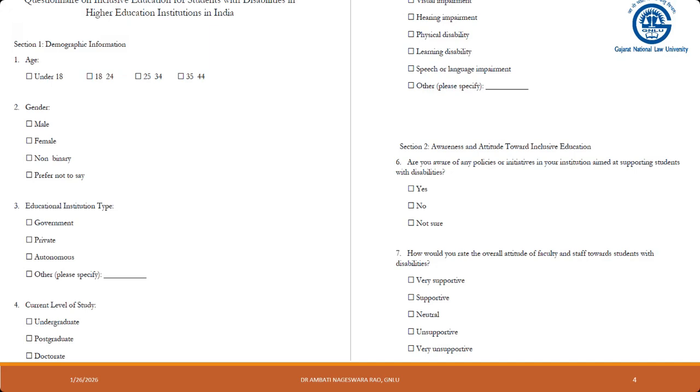Whenever you classify data in the form of specific labels or categories, we call it nominal data, for example, current level of study like UG, PG, doctorate. If you put data in the form of a specific ranking, order, or position, like senior employee, junior employee, middle-level employee, or UG, PG, PhD, that is called ordinal data.